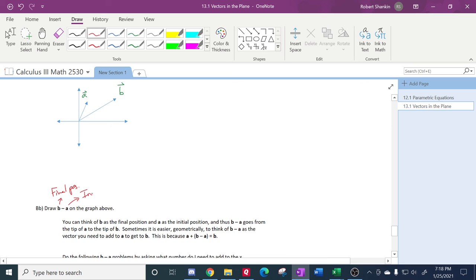This is my initial position. So I'm starting at A and going to B. So this is B minus A.